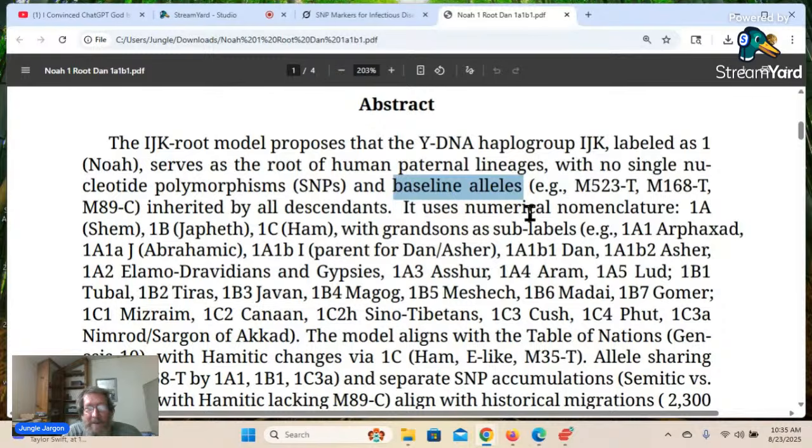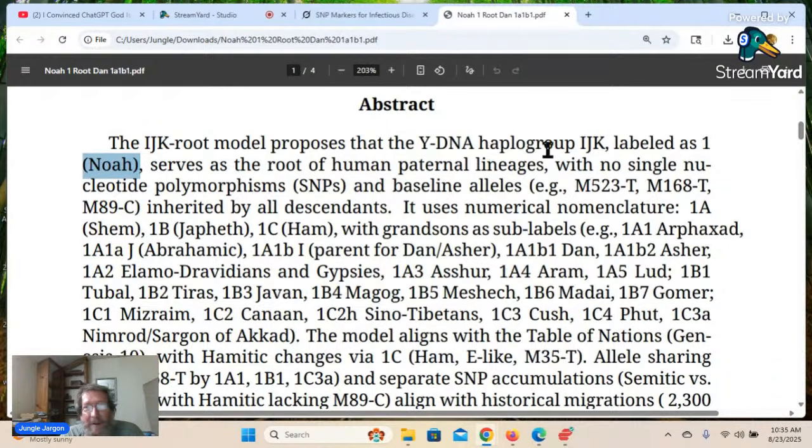They just said these alleles are baseline, and any changes from here on out are morphisms, single nucleotide morphisms. But of course, when you know human history, you have to root the tree in Noah and his oldest son.